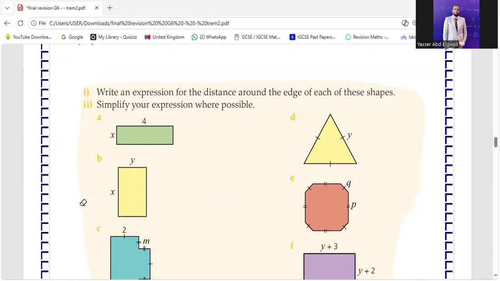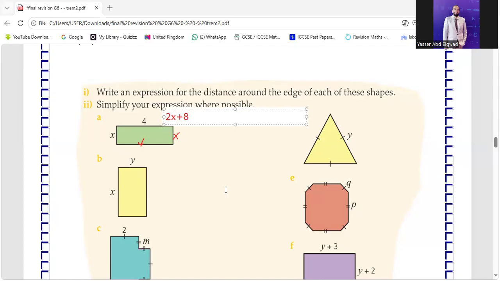You just apply the same rule we did before. Here is a 4 already, and here is the x. We have to add them. If you add them, x plus x is 2x, and 4 plus 4 is 8. The final answer is 2x plus 8.